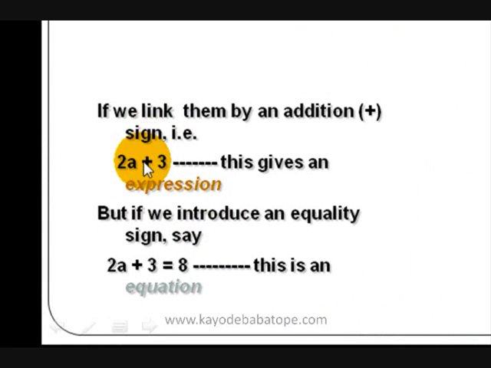This is a mathematical sign, okay? And then 2a plus 3, that is a mathematical sign linking algebraic terms, gives an expression. So when an equality sign is introduced, it becomes an equation.